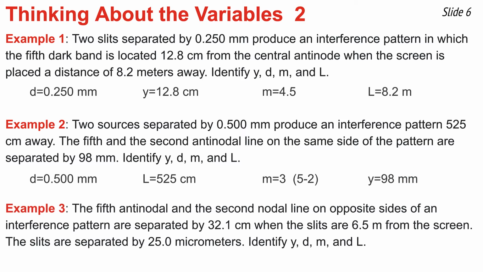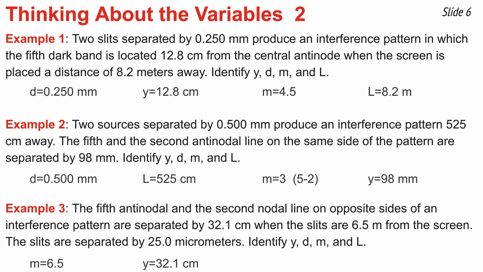In our last example, probably the most difficult one for the value of M, it says the 5th antinodal line and the 2nd nodal line on opposite sides of the pattern are separated by 32.1 centimeters. So that's a Y value, 32.1 centimeters. The M value here is 6.5. So the way I can think of it is I want to know the M associated with the distance from the 5th antinodal to the 2nd nodal opposite side of central.